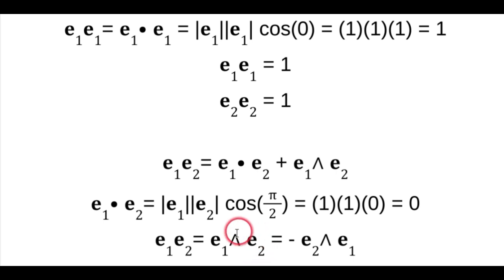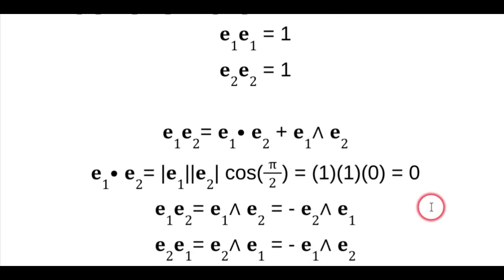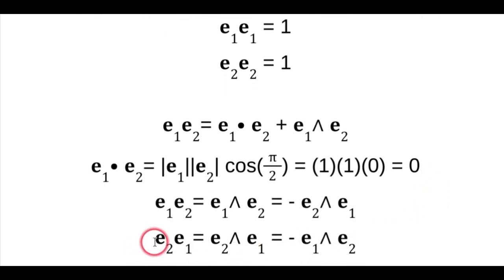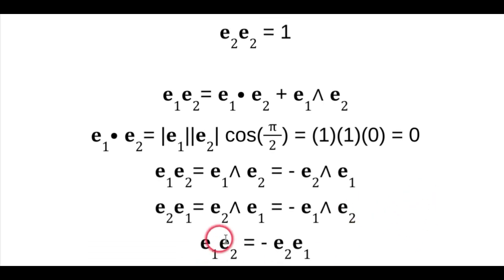And if we swap 2 and 1, remember the rules, we get E2 wedge E1, which is exactly opposite, which means that E1, E2 is minus E2, E1. So you're going to see a lot of this in geometric algebra. Whenever you swap these indexes, you pick up a negative sign.